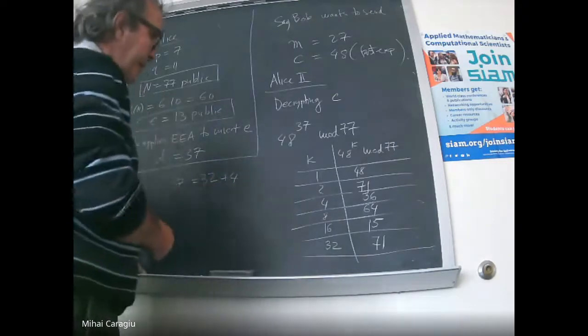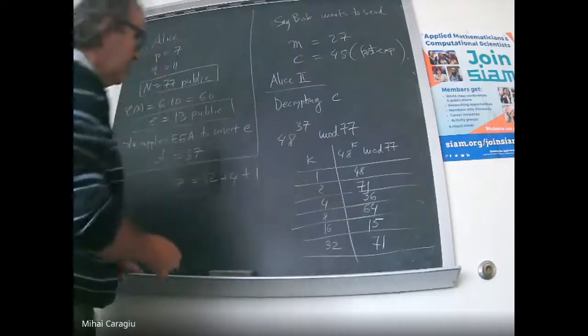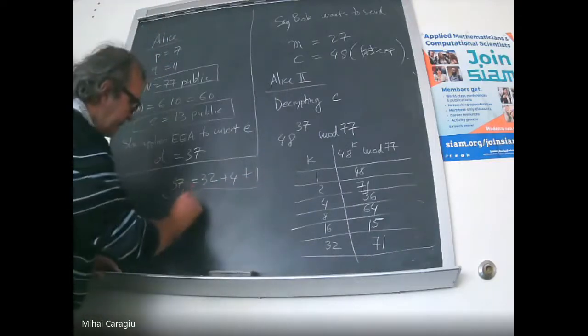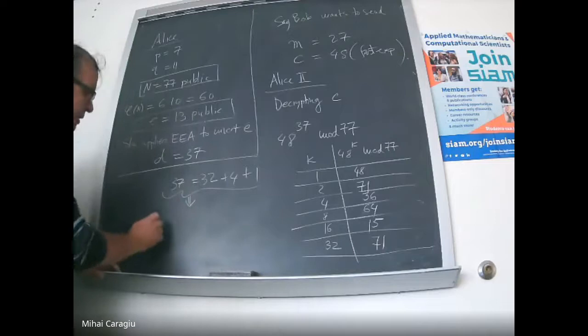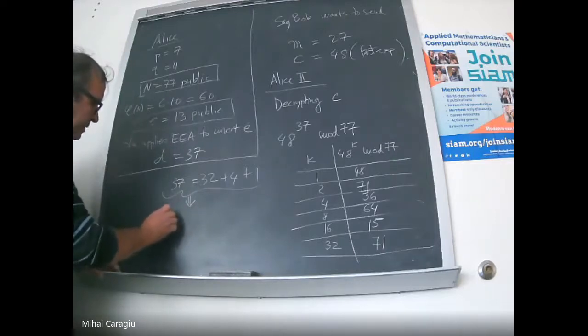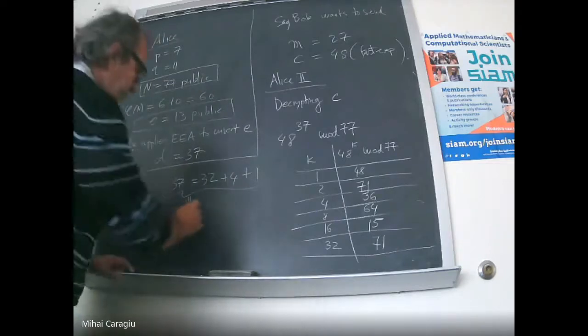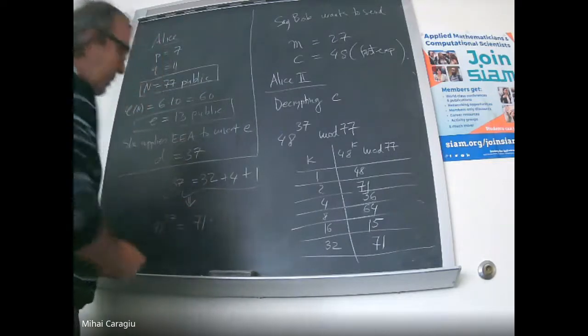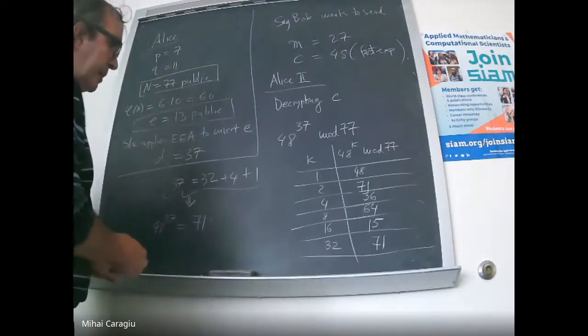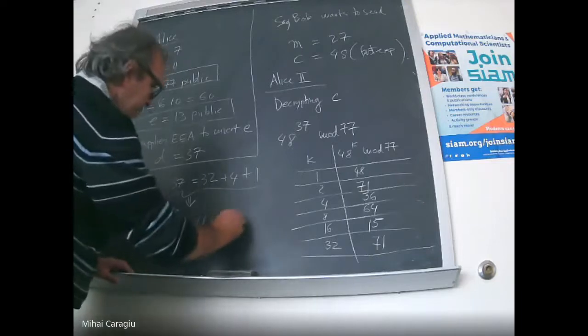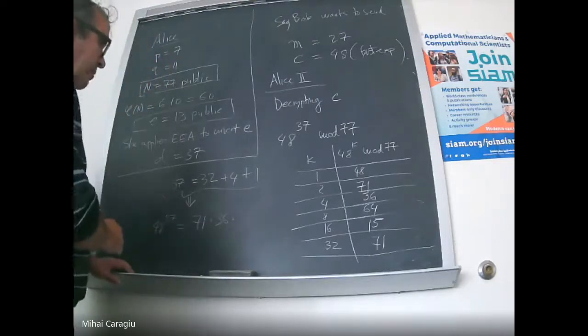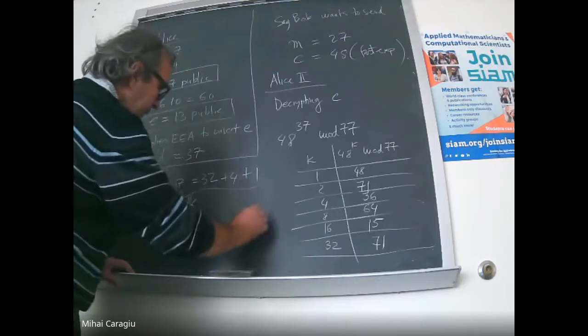Pick the maximum item, plus 1. So this implies 48 to the power 37 equals 48 to the power 32, which is 71, times 48 to the power 4, which is 36, times 48 to the power 1, which is 48, everything modulo 77.